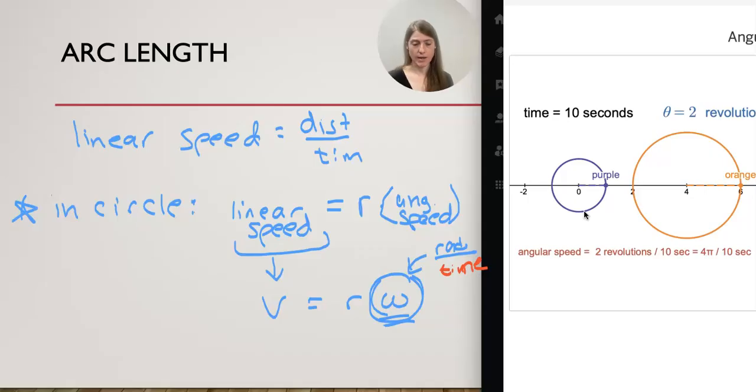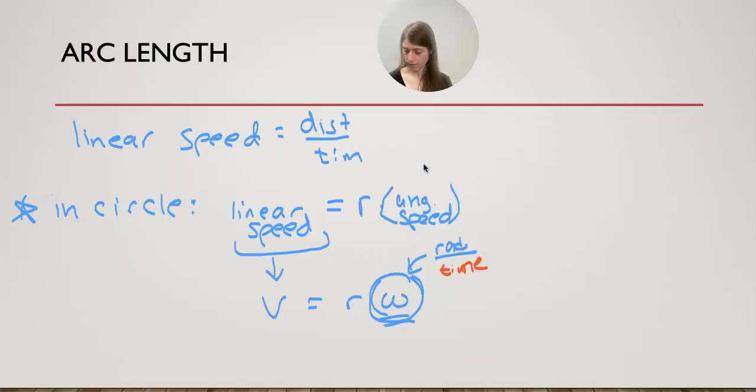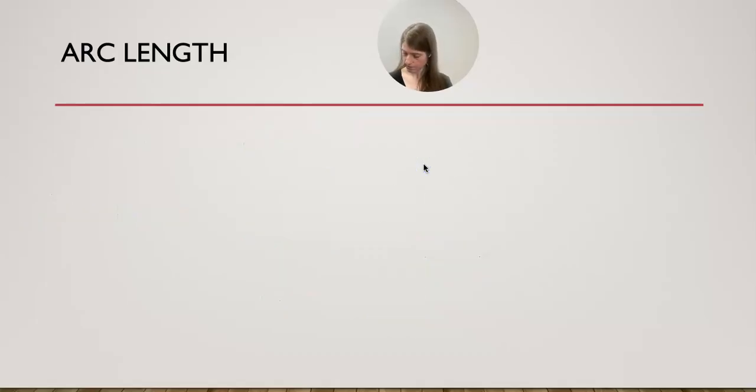So let's take a look at a specific example. We'll move this, and let's go ahead and give an example. We're going to think about maybe a bike wheel. So let's say we have a bike wheel, and let's say the diameter of that bike wheel is 18 inches.